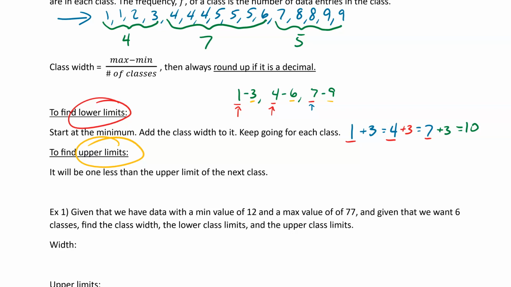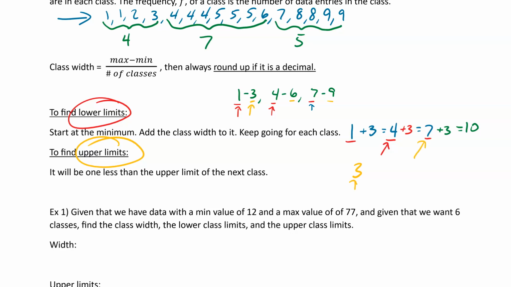For upper limits, you just take 1 less than the lower limit of the next class. So what I mean by that is for the upper limit of our first class, we would take the second lower limit, subtract 1, and get 3. So 3, which if I put it in yellow, that way we can see that that was our 3 from right there.